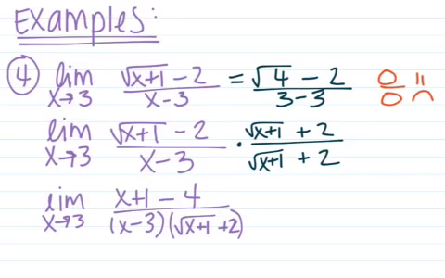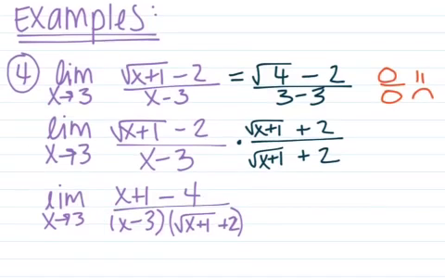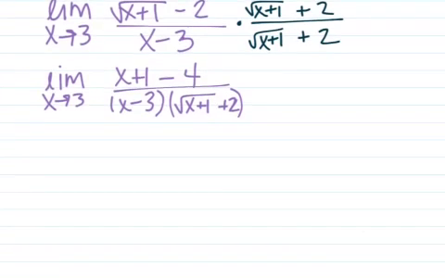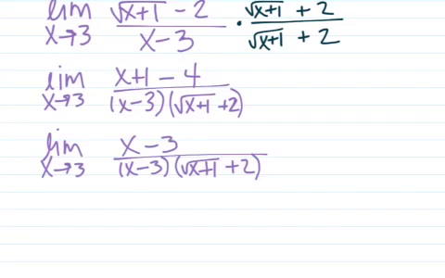And one thing I want to point out is I have some good news. You do not need to multiply this denominator out. Please do not do that. That is a waste of your time and energy, because we're just going to plug something into it. Alright, so if we clean up the numerator, we're going to end up with x minus 3, which makes us happy because it magically will cancel out with the x minus 3 factor in the denominator.